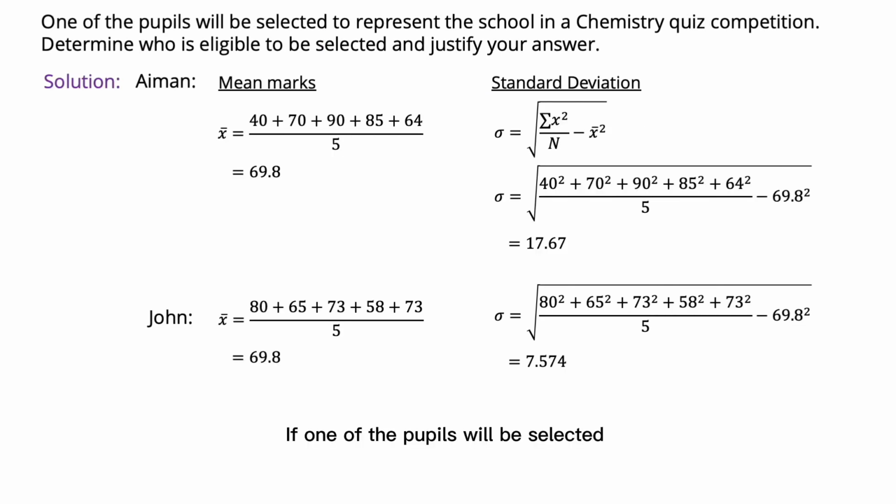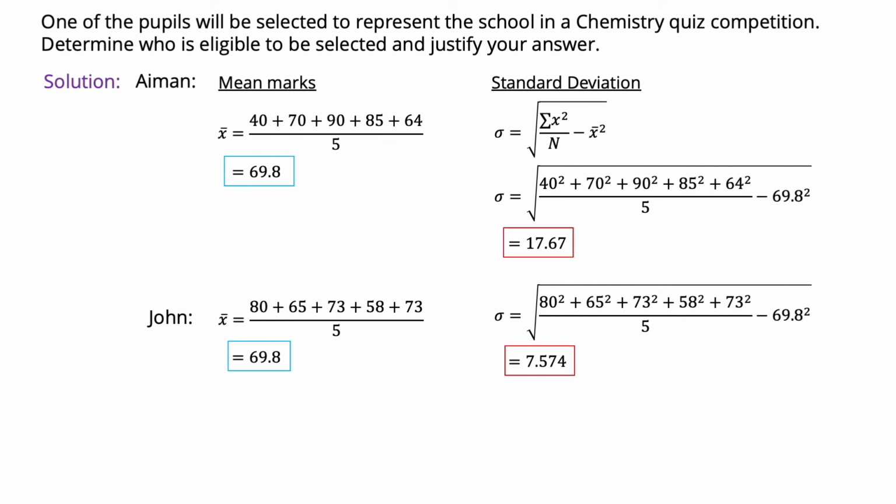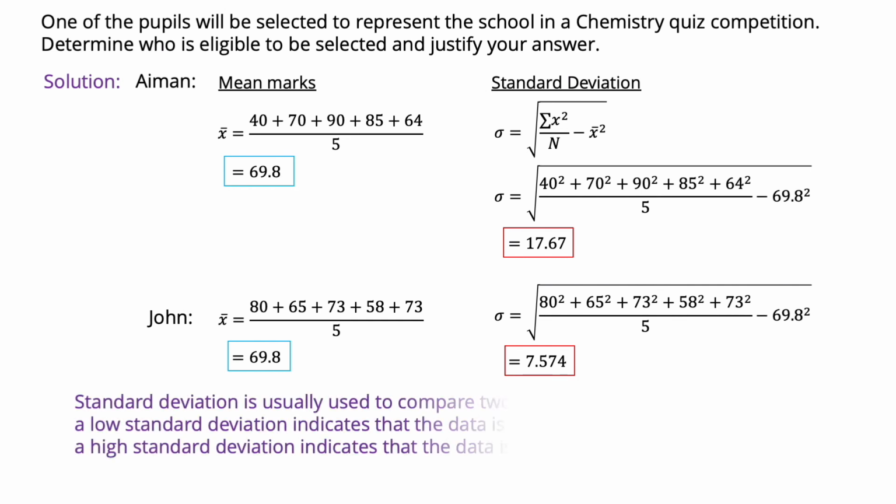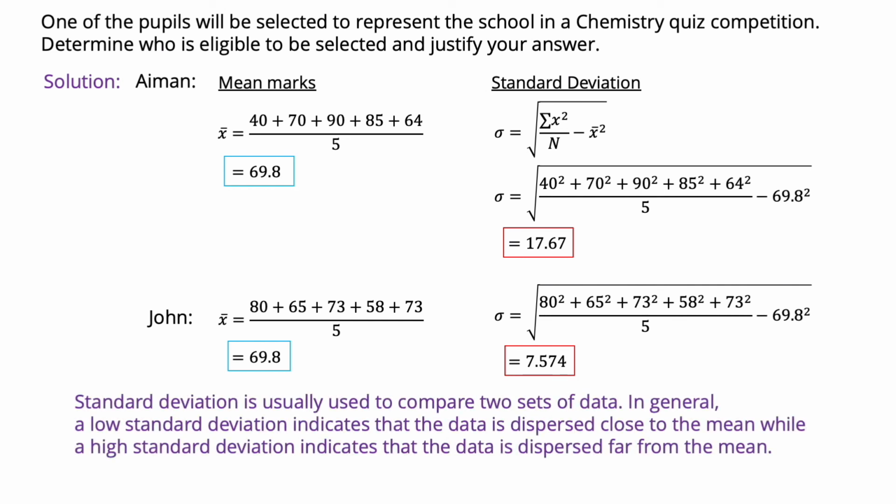If one of the pupils will be selected to represent the school in a chemistry quiz competition, we can see that their means are the same, but their standard deviations are different. Standard deviation is usually used to compare two sets of data.